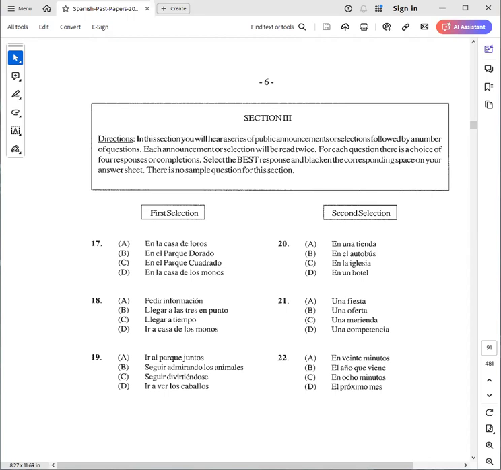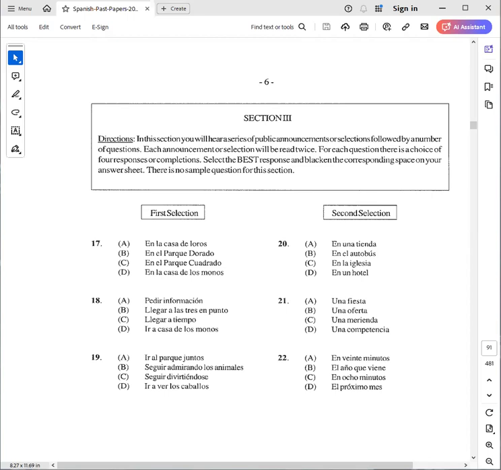Damas y caballeros, nos gustaría informarles de la exhibición que tendrá lugar hoy a las 2:30 en el Parque Dorado, al lado de la Casa de los Monos.